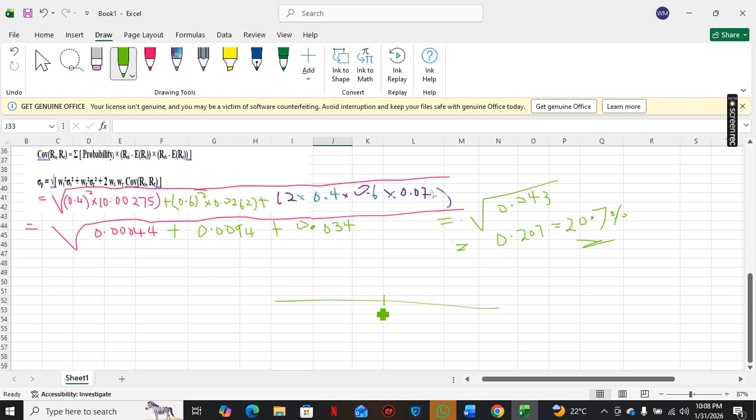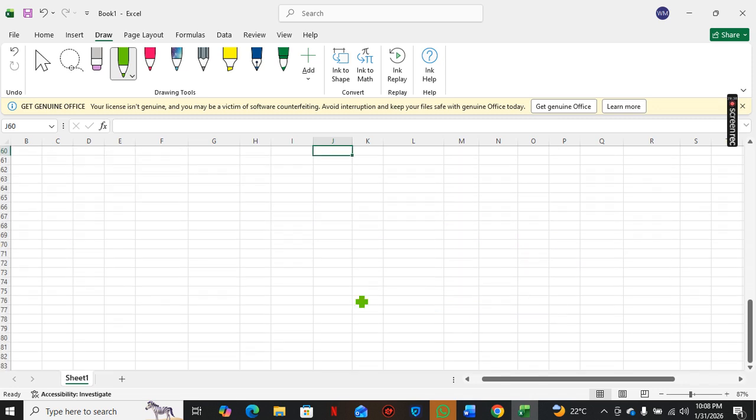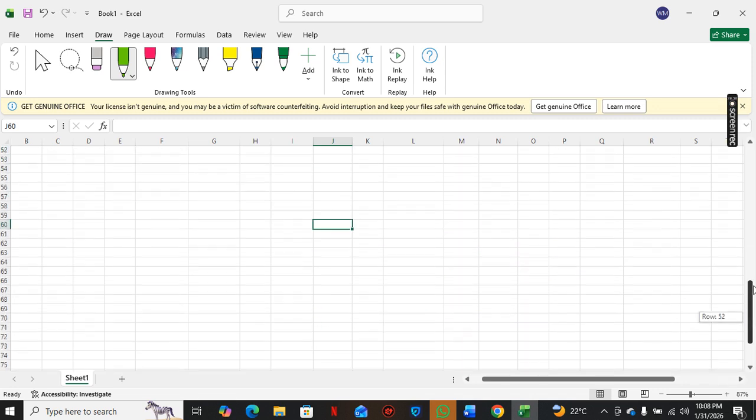Expected return of the portfolio 11.62%. Just 11 plus 20. So I just get the numbers first. That is 31. 11 minus 20. Negative.